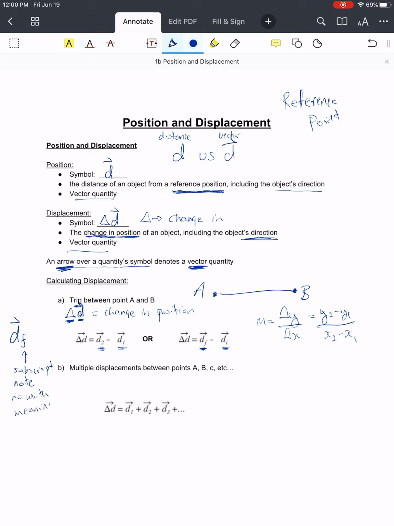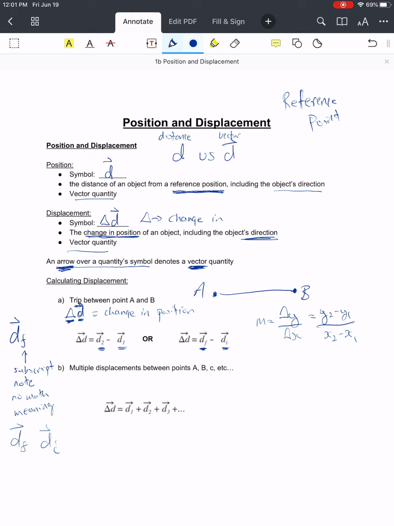It's just a way to give us notes on the type of variables we're using. As you can see, there are two different types of positions. There's your final position and your initial position. So how do we differentiate? If I just use D, there'd be no way to differentiate between the two points. So I say DF, and then I use DI to tell the reader that it's my final position and my initial position.